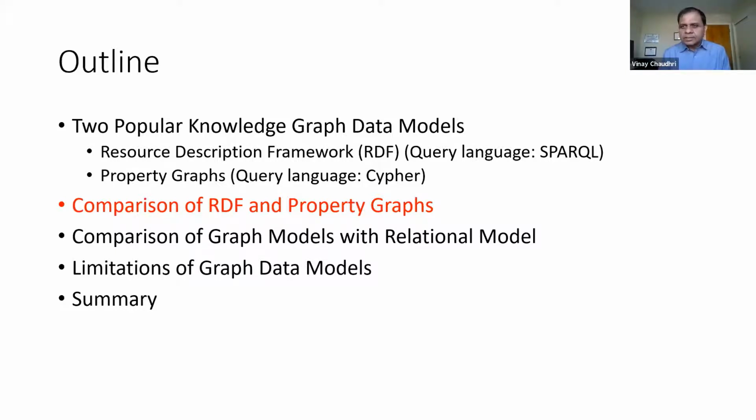Any engine that claims to be compliant to the specification would respect and honor the definitions which are defined as part of the RDF specification. And beyond that, I would like to defer to the next lecture, where we will be focusing on distributed query execution. Okay, so let's now move on to discussing how the RDF and property graph models compare, and what the real difference between the two is.